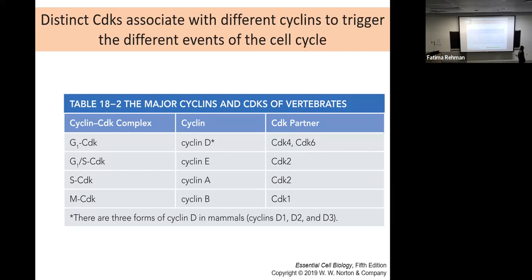The second one is your cyclin E. Cyclin E is a cyclin at the checkpoint, and it is going to cause the G1 to S transition. When this is produced, remember, cyclin D is still there. Cyclin D is always going to be there during the cell cycle.